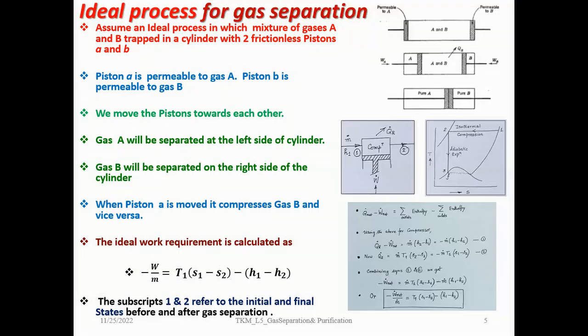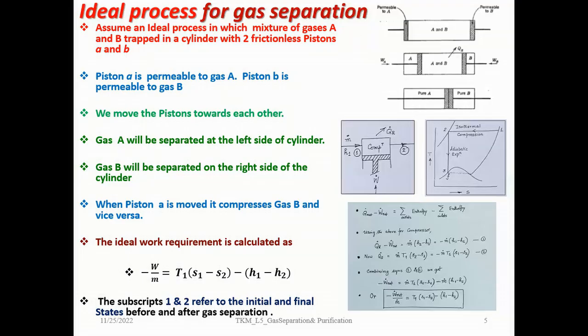Piston a is permeable to gas A. It means as you move the piston forward, gas A molecules will freely flow through this piston, but not gas B. Similarly, the piston on the right hand side is permeable to gas B, but not gas A. So, by moving the pistons close to each other, gas A will get separated to the left end of the cylinder and gas B to the right end of the cylinder.